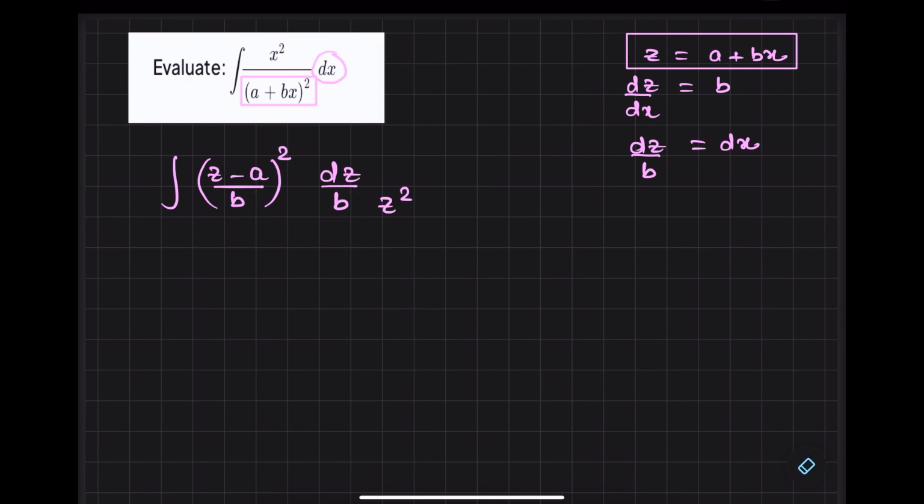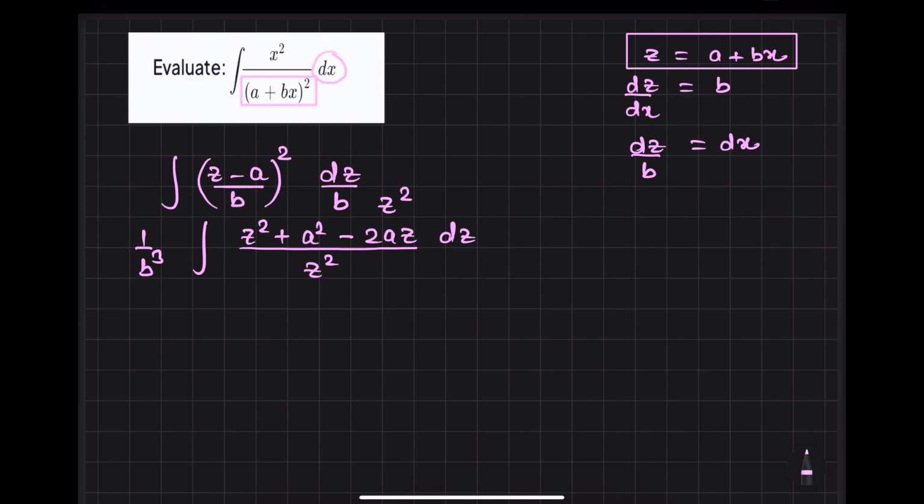So we have b cube outside. Now you have (z minus a) whole square in the numerator. So can I write a square plus b square minus 2az upon z square dz.